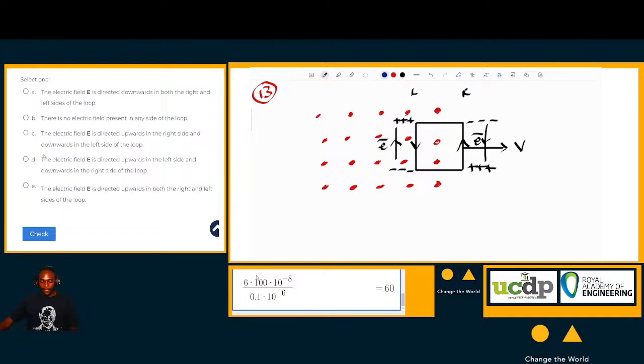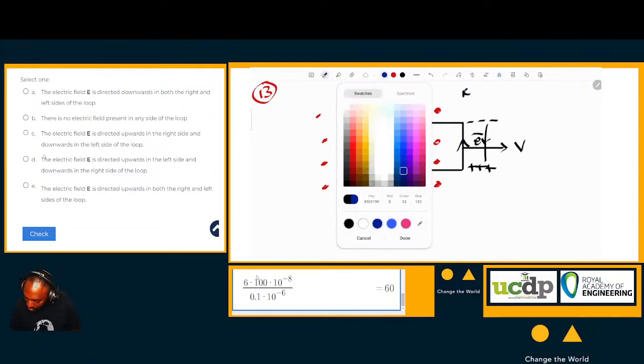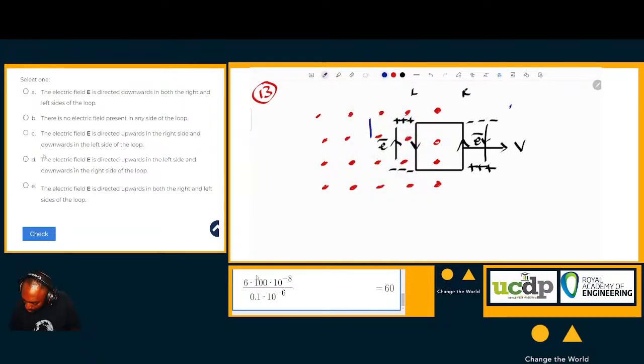On the left side it will be going up, and on the right side it will be going down. Remember, the electric field is always from positive to negative. So first you identify your positive, which is your top, so the electric field goes like that. Then here, the electric field always goes from positive to negative, so it's downwards on the left side.